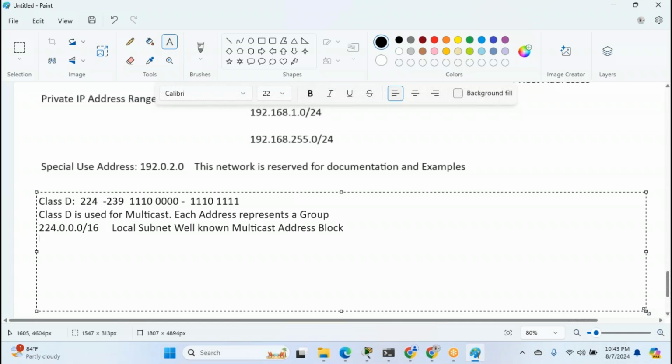Local subnet means, for example, 224.0.0.1, which is reserved for all hosts on a subnet.